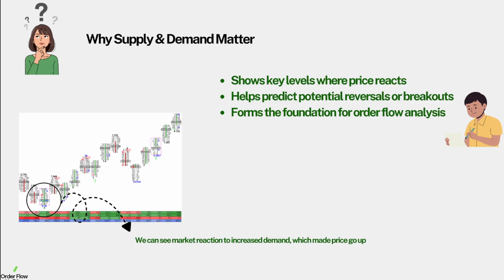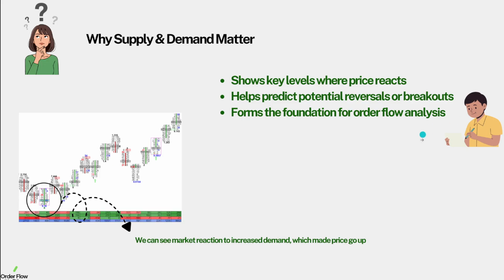It also forms the foundation for order flow analysis, because we're obviously trading the order flow. That is the flow of orders coming. We can see all the orders that come, and they're basically supply and demand orders, and there's a flow of it that keeps on going. Our mission is to analyze how that order flow is working.